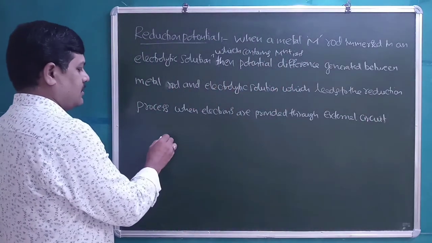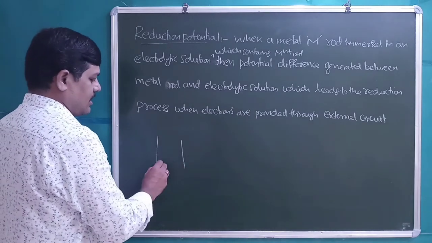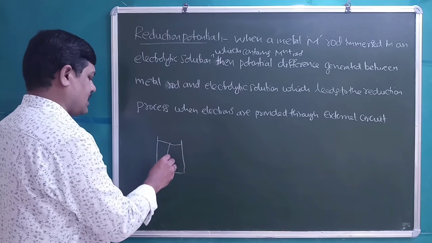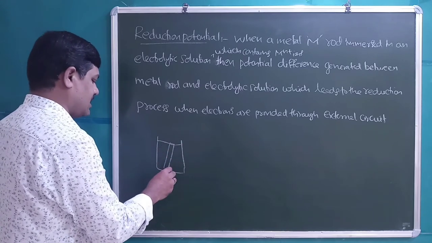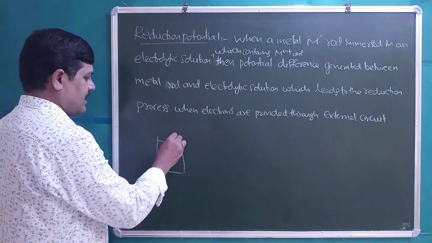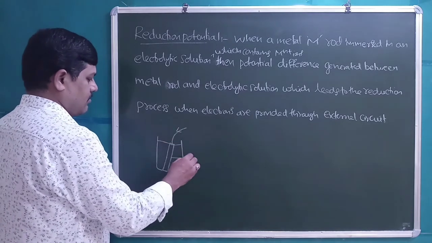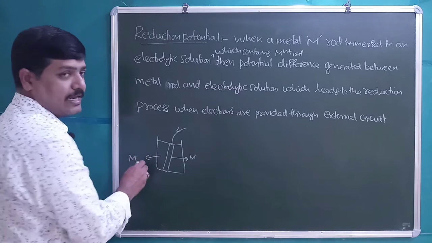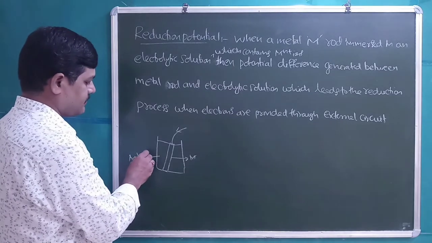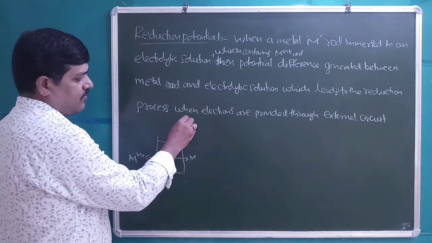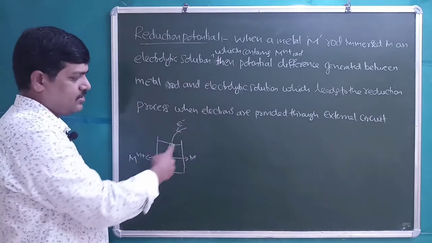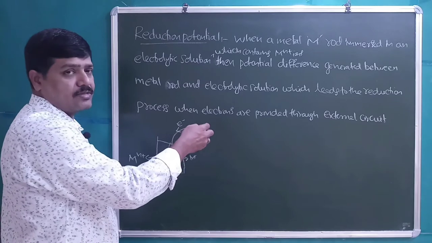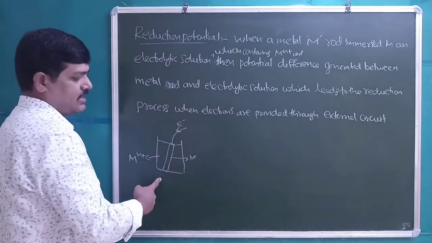Students, for example, metal M rod is immersed in a solution of the electrolyte which contains the ions of the same metal, Mn plus, and we are providing the electrons through the external circuit. Through a wire, electrons are transferred, we are giving the electrons to the metal.